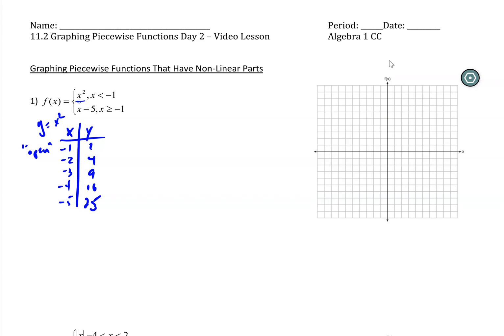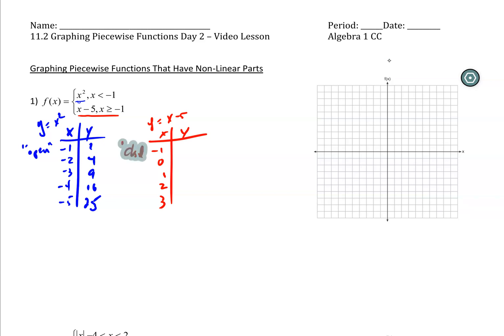All right. And then I can do the same thing for the second function. So now I've got y is equal to x minus 5, and I want the table for that. Again, for -1, where x is greater than or equal to -1. So it's -1, 0, 1, 2, 3, and so on and so forth. We know this is going to be closed.